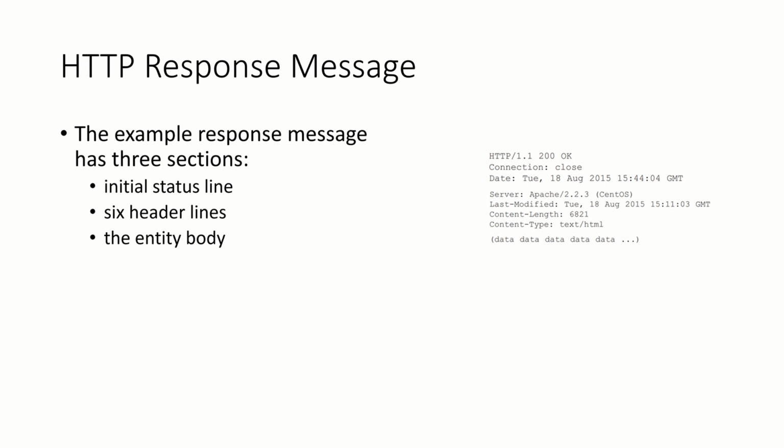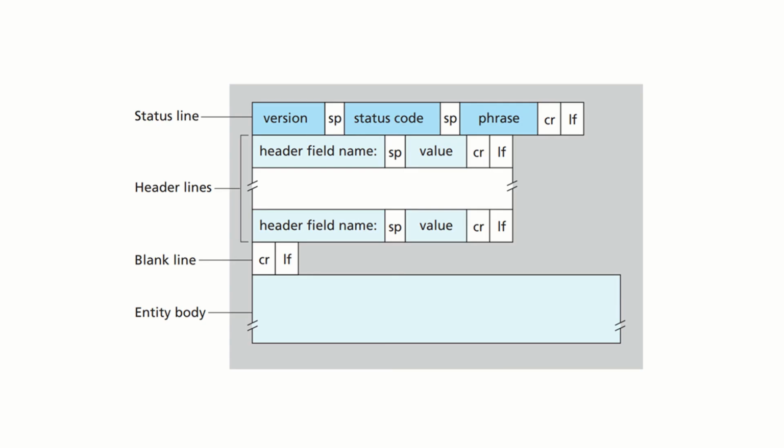The server header line indicates that the message was generated by the Apache web server. The last modified header line indicates the time and date when the object was created or last modified. The content length indicates the number of bytes in the object being sent. This is a general format of an HTTP response message.